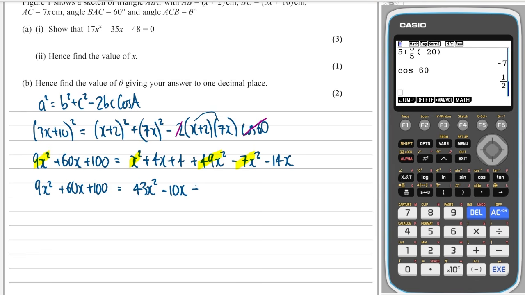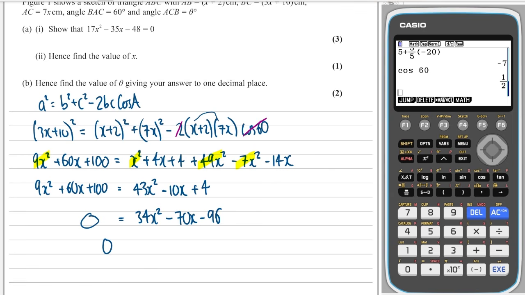And we've got a plus 4. Okay, let's bring everything over to the right side because it has the higher number of x squareds. So minus 9x squared from 43 gives me 34x squared. Minus 60 from minus 10 gives me minus 70. And minus 100 from 4 gives me minus 96.